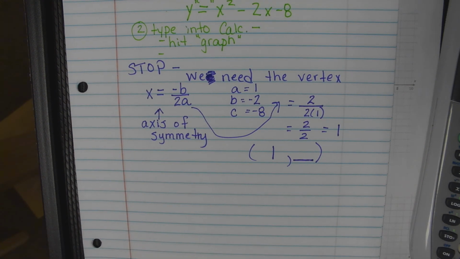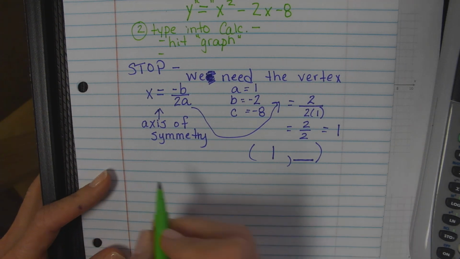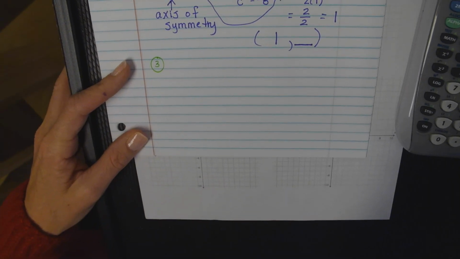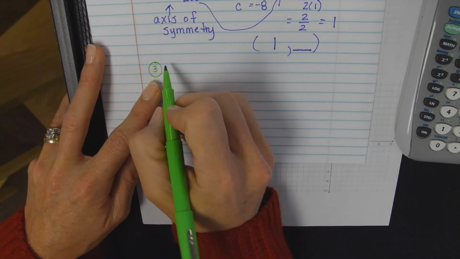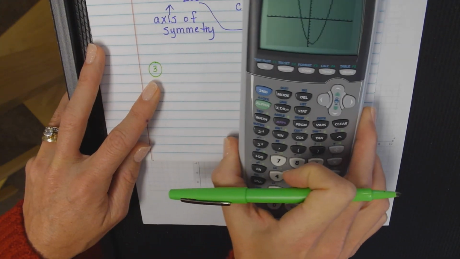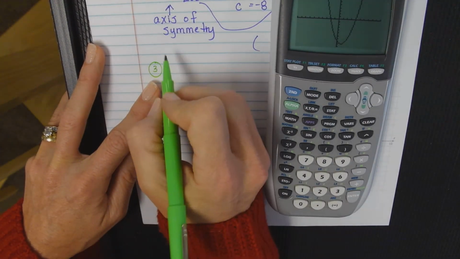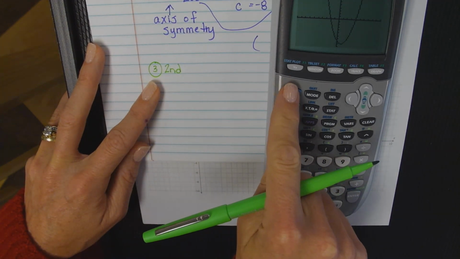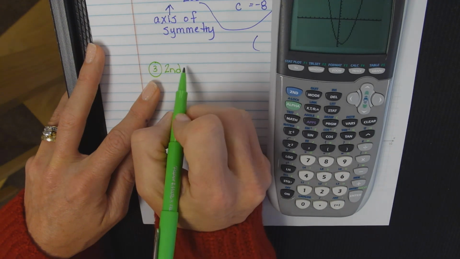The y. All right, now I'm going to get my green back because I'm going back to the calculator. You remember this part? Second table. Going back to the calculator. Second, so this blue button here, table.